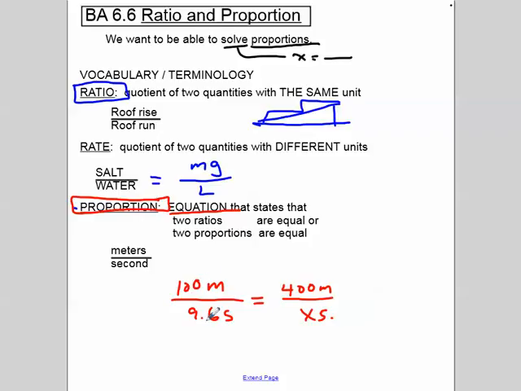So there's one rate, and here's another rate, and we want to set these equal. This is a proportion. That proportion is what we're going to use to solve for, for example, x seconds. That would be about 38 seconds or so.